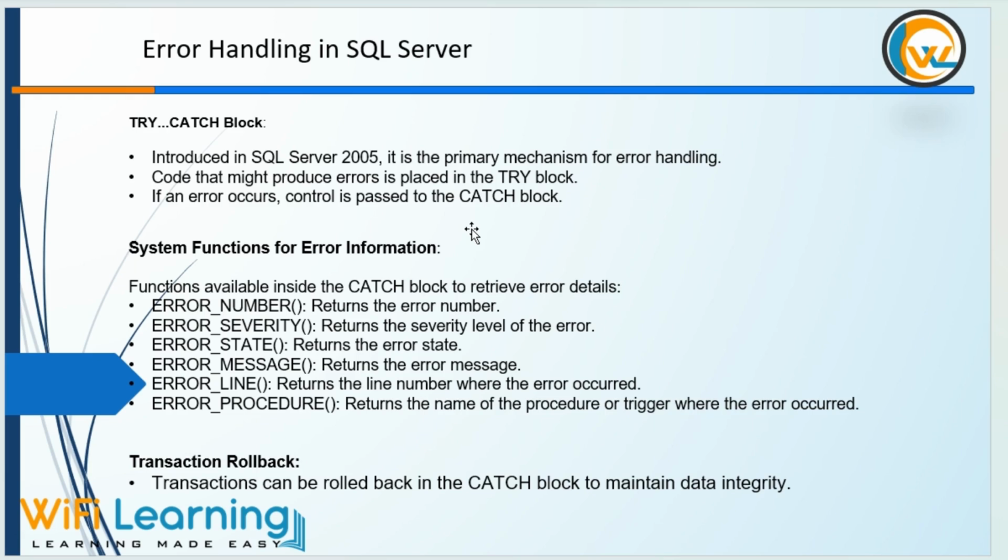ERROR_MESSAGE returns the detailed message, and ERROR_LINE gives you the line number where the error occurred. ERROR_PROCEDURE returns the name of the procedure or trigger where the error occurred. You can use these six functions in your catch block to get the details about the error.